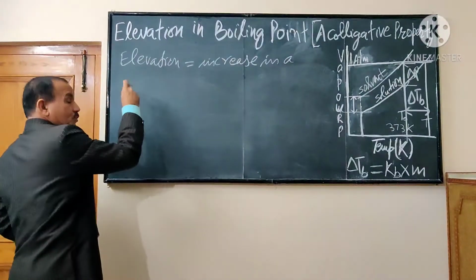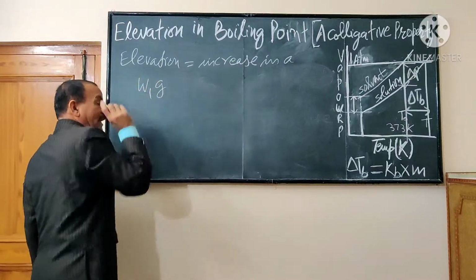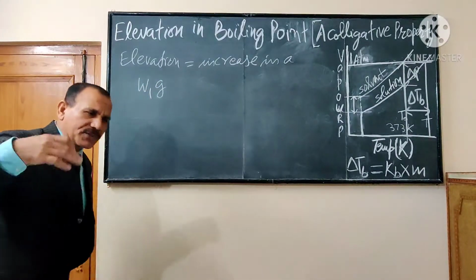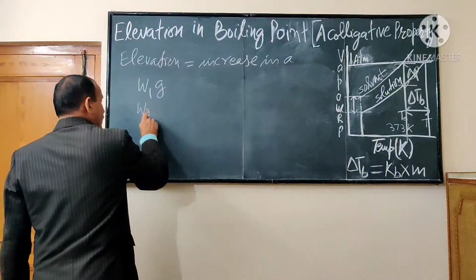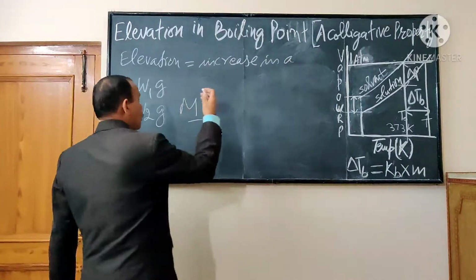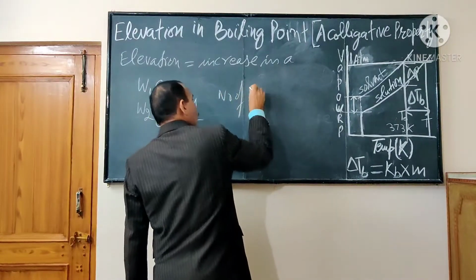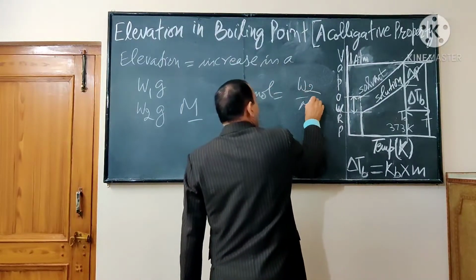Okay, molality. Suppose we have water and its weight is W1 gram, and to this we add some other compound whose molecular mass we have to determine. Its weight is W2 gram, whose molecular mass is M. Number of moles of solute is equal to weight in gram divided by molecular mass.